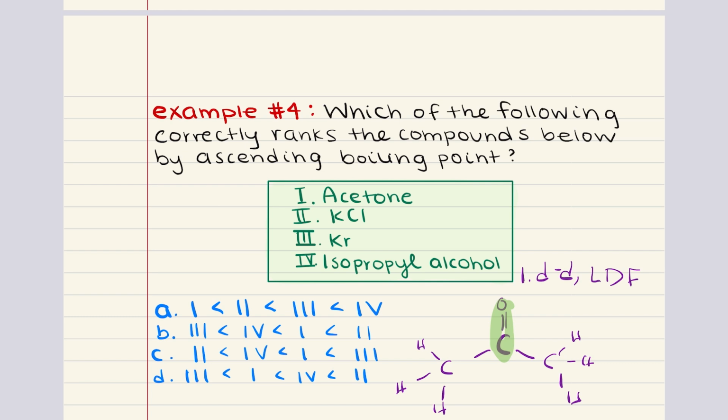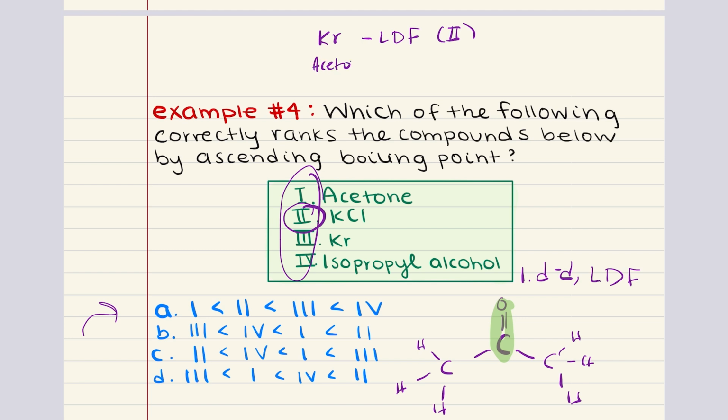The lowest boiling point is going to be probably from krypton because it only has London dispersion forces. Now this is assigned statement 2. We want to keep that in mind because the answer choices are ranking them based off of their numbers.